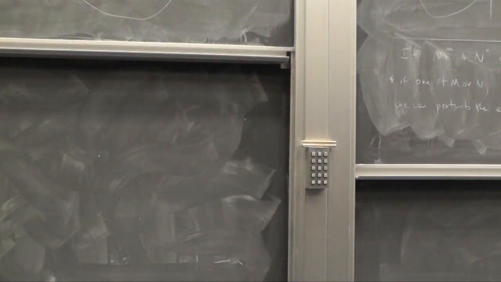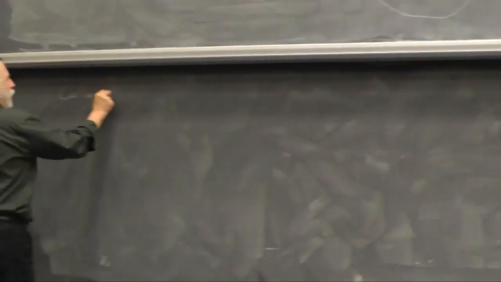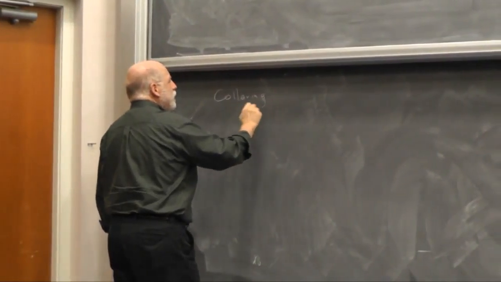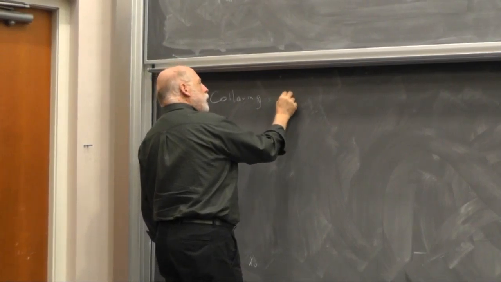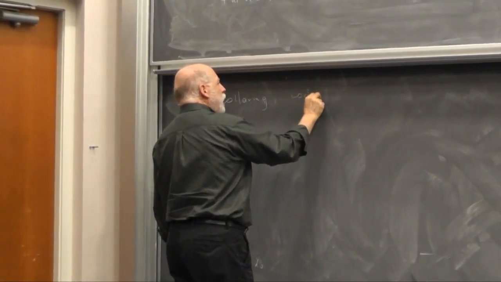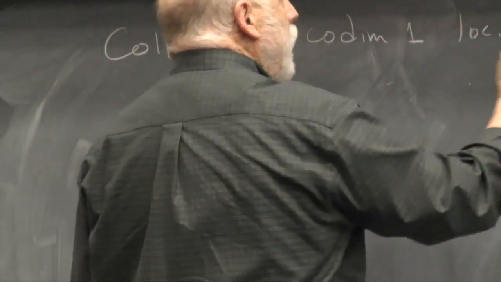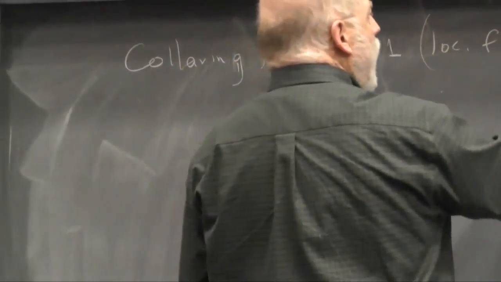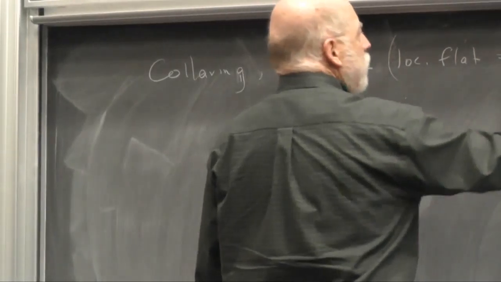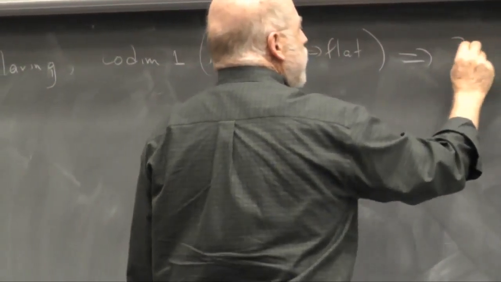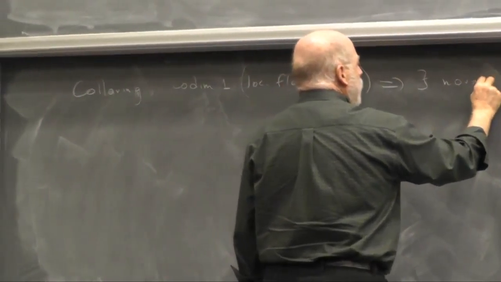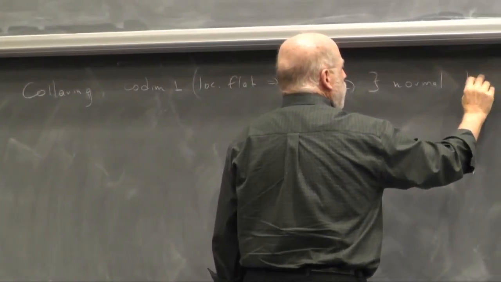So the collaring theorem from way back says that in codimension 1, locally flat implies flat, and this implies there exists a normal line bundle.